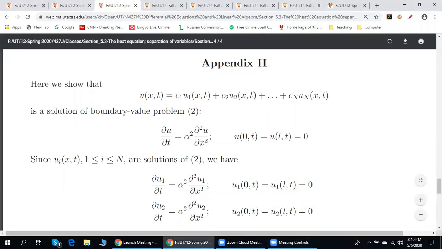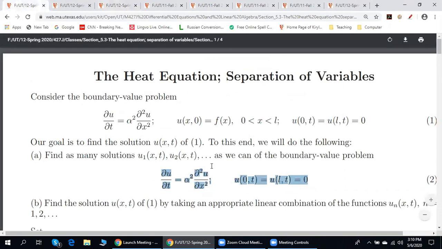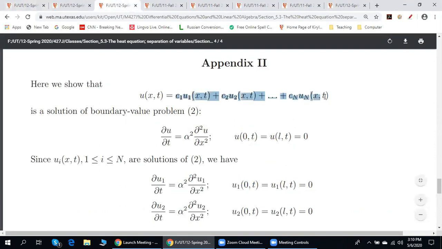Next step, in appendix 2, we show that if u1, u2, and so on are solutions of boundary value problem 2, then any their linear combination is also a solution of this problem.